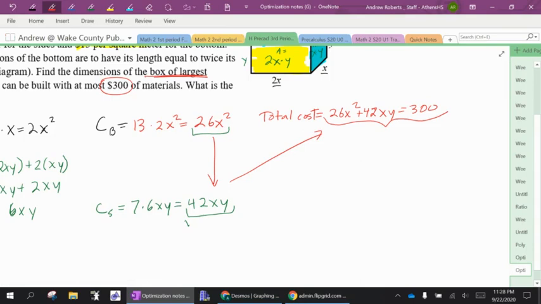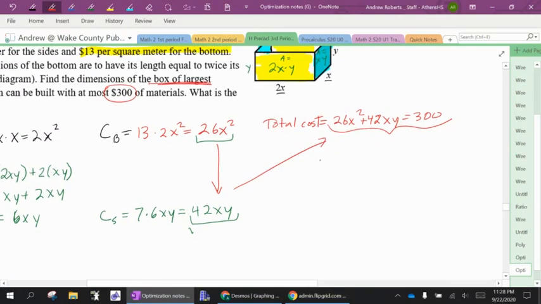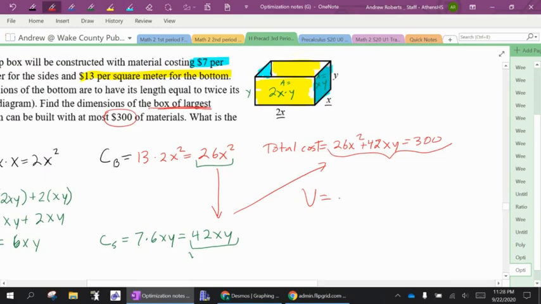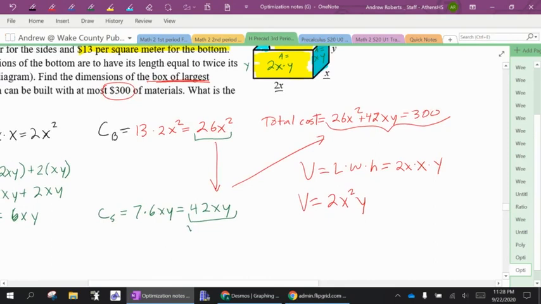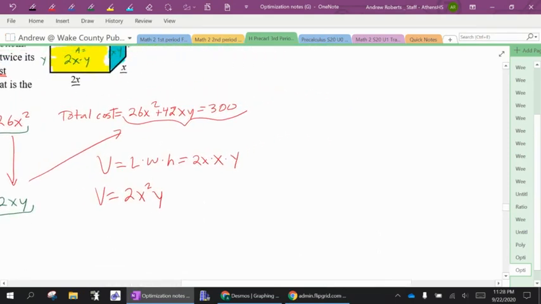So we've got to combine that with our volume equation because we're trying to maximize volume. So volume is going to equal, well, in this case, it's length times width times height, which is 2x times x times y. So my volume is 2x squared y. Now, we don't know what y is, but we can find y. All we have to do is solve this equation for y, get y by itself.